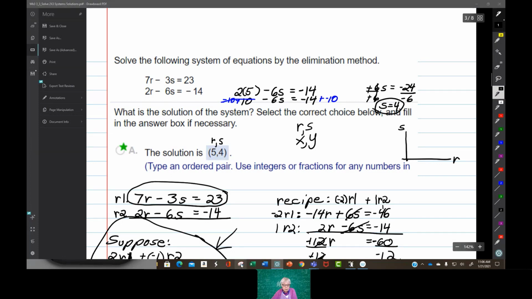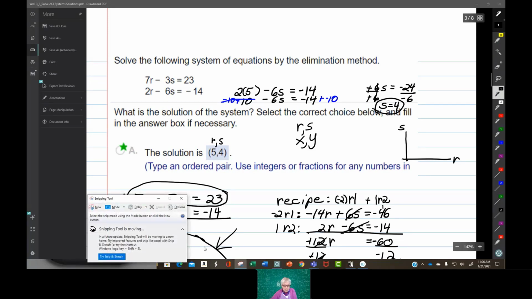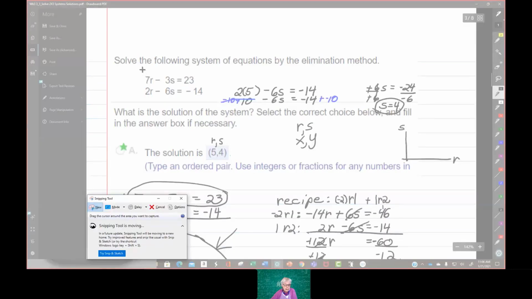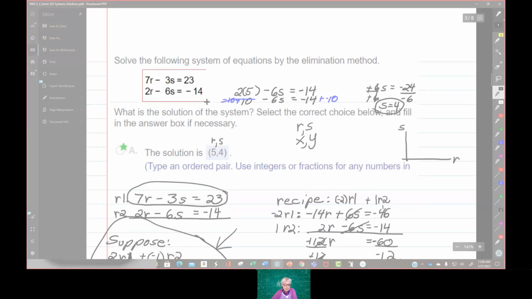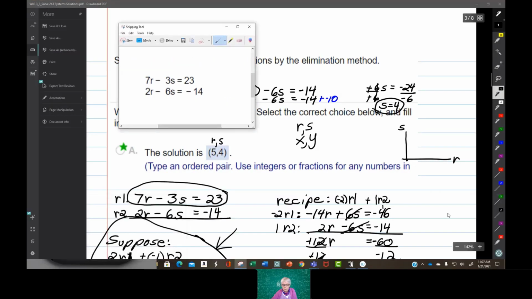So let us move this down there so I don't have to be flipping back and forth.